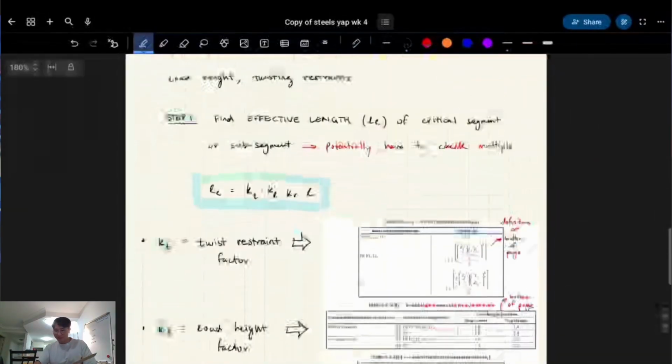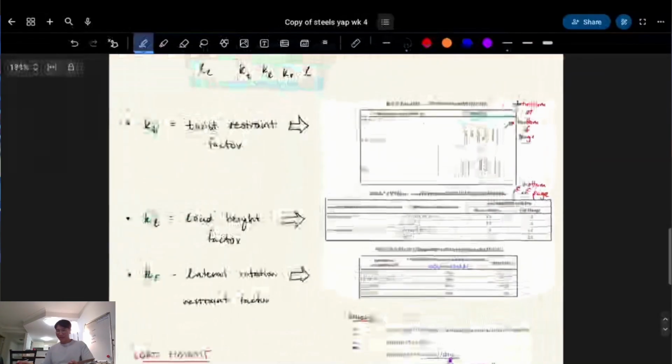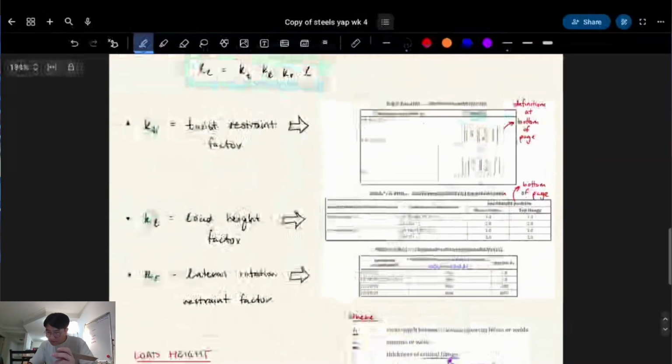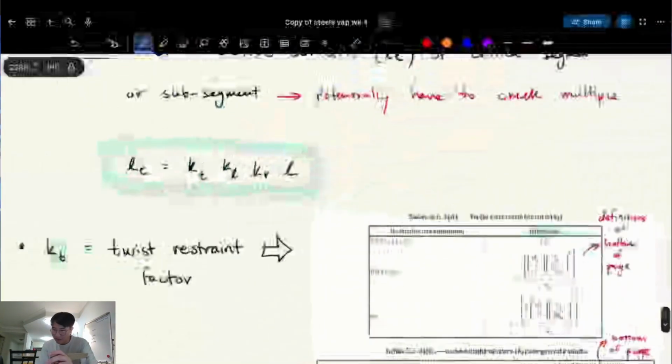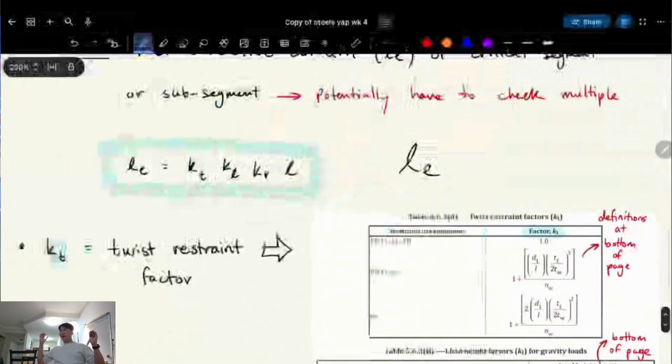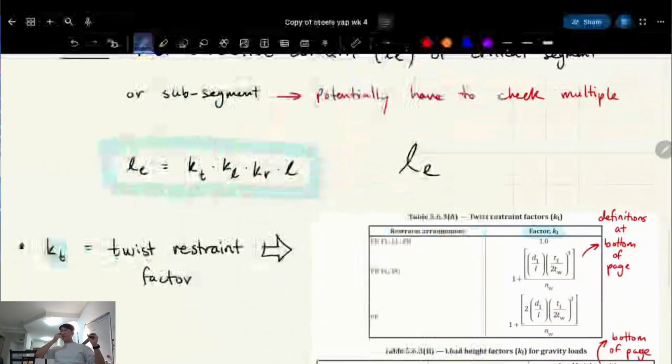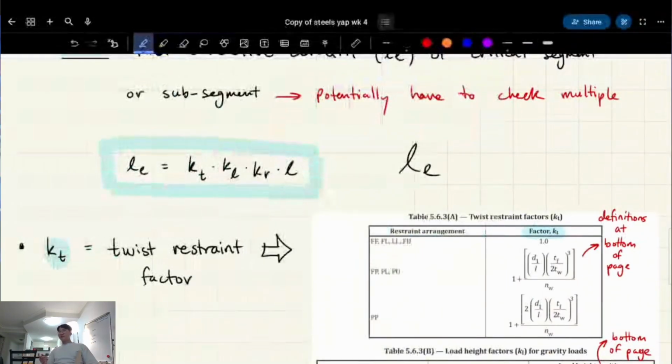And we have a bunch of factors, right? We have KT, KL, and KR, okay? Let's just make sure we're on the same page. Is LE being high a good thing or a bad thing for the capacity? A bad thing, because the longer it is, the more likely it is to buckle, right?